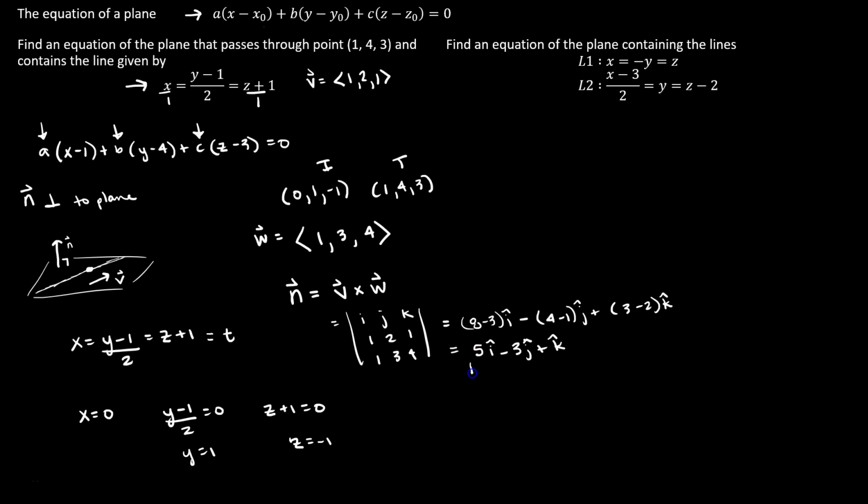Now that we've found the vector perpendicular to our plane, we can use those to find A, B, and C. Plugging that into our scalar equation, I'm just going to replace A with 5, replace B with -3, and replace C with 1. And then I'm going to clean that up a little bit. So I need to erase my beautiful artwork.